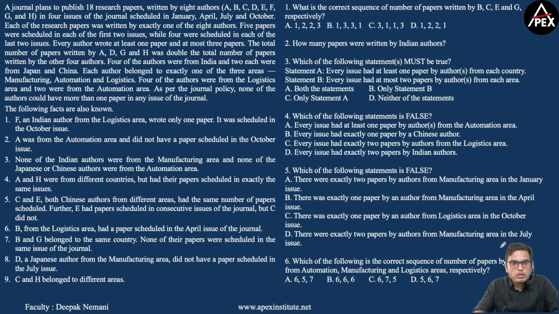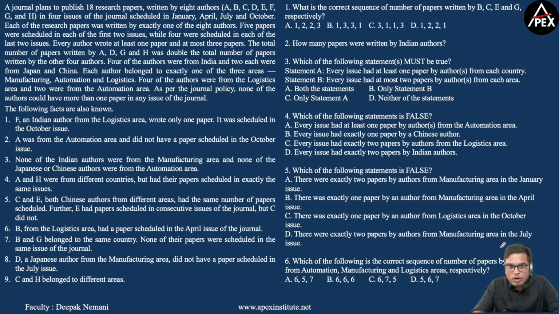Now 4 of the authors were from India and 2 each were from Japan and China. So among these 8 authors, 4 are from India, 2 are from China and 2 are from Japan. Now each author belonged to exactly one of the 3 areas: manufacturing, automation and logistics. 4 of the authors were from logistics area, 2 were from the automation area, so the remaining 2 are from manufacturing area.